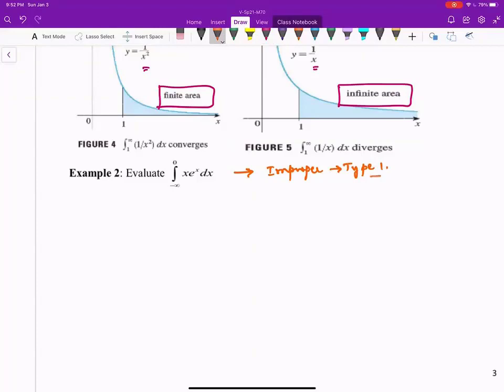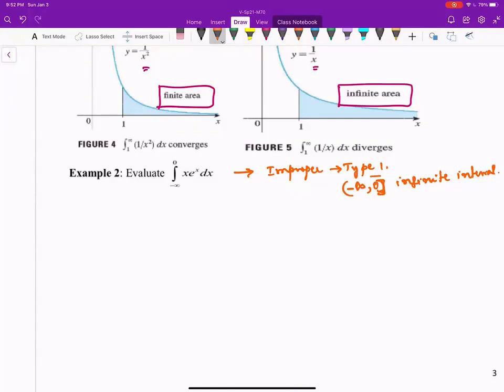And it is type 1 because the interval over which the integration is done is an infinite interval. So it is from negative infinity through 0, which is an infinite interval. So it is a type 1 improper integral.